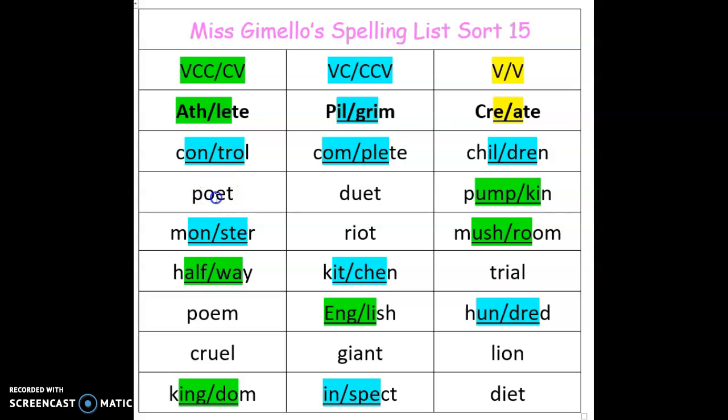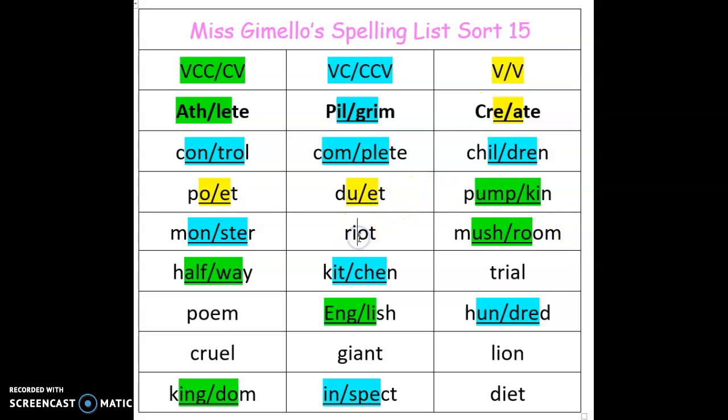So let's see what we have. Poet, vowel, split, vowel. That follows that pattern. Duet. Splits right in the middle, vowel, split, vowel. That follows that pattern.